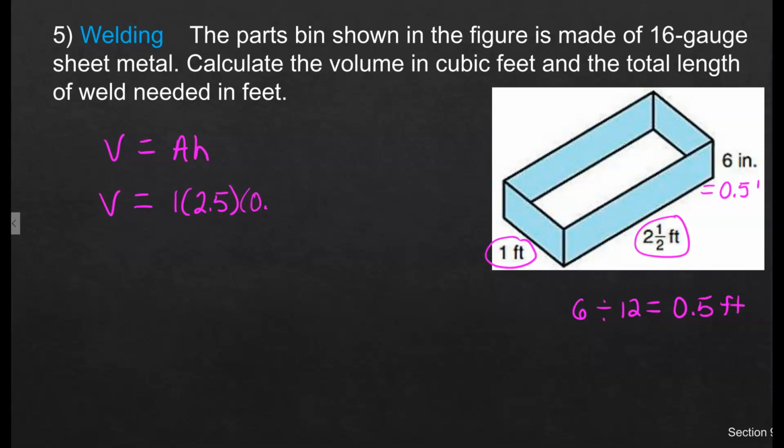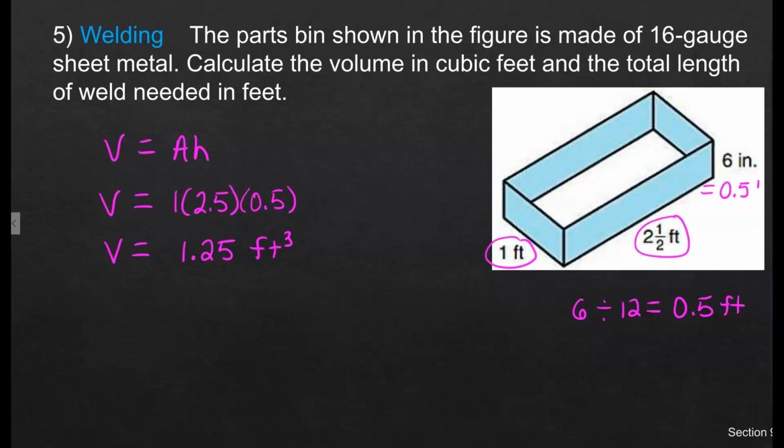So times 0.5. So I kind of just put that all together on this instead of finding the area separately, and it's because it's a rectangle, so I feel like that's kind of an easier shape to work with anyway. So we have a volume of 1.25 cubic feet, so feet cubed.